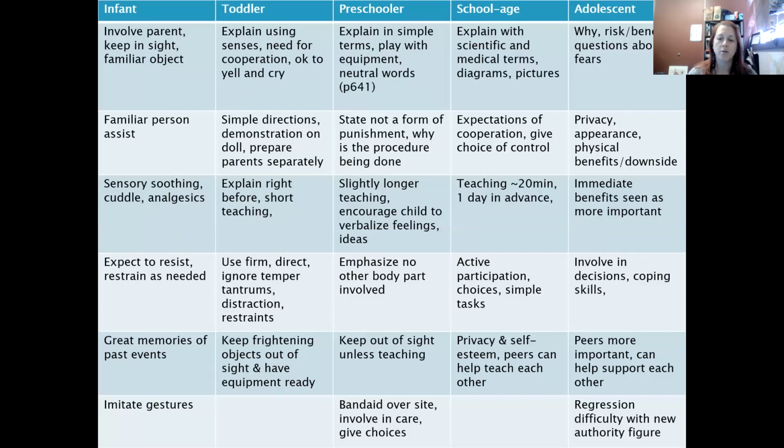And that last little note at the bottom there, that regression with new authority figures. Adolescents really struggle with that concept of independence and trying to push that independence, as they're developing their own sense of self. So they really have trouble with adults telling them what to do, and that comes a lot from medical things that we have to do, restrictions that come from medical procedures.